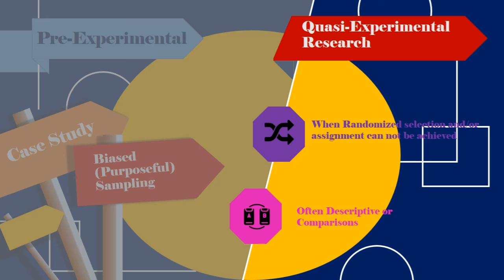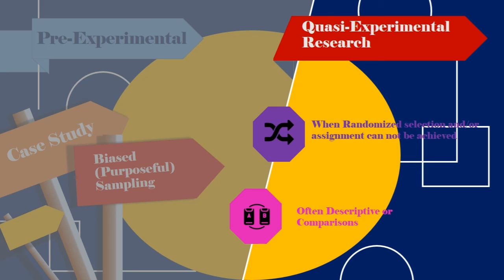Then you may also use quasi-experimental research, if deemed appropriate to your problem. This quasi-experimental research aims to establish a cause and effect relationship between the independent variable and the dependent variable. This is used when randomized selection and or assignment cannot be achieved.